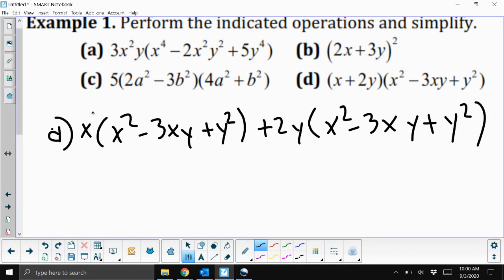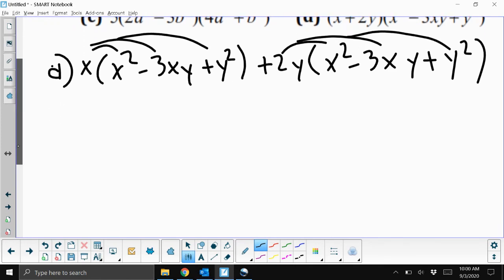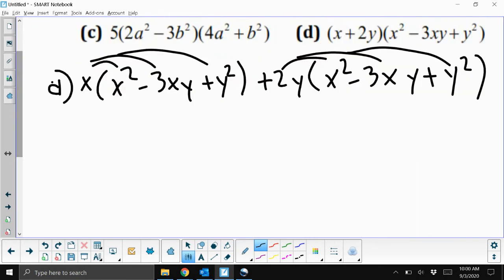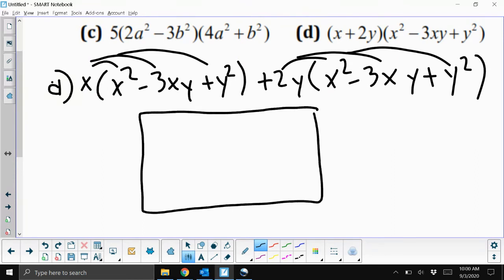And then you just distribute everything through and combine your like terms. All right. But I think the box method is a better method just because it kind of helps you organize everything a little bit neater.